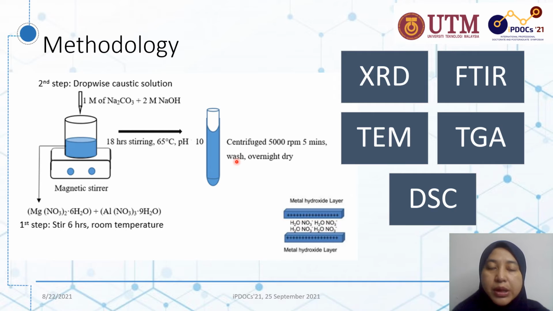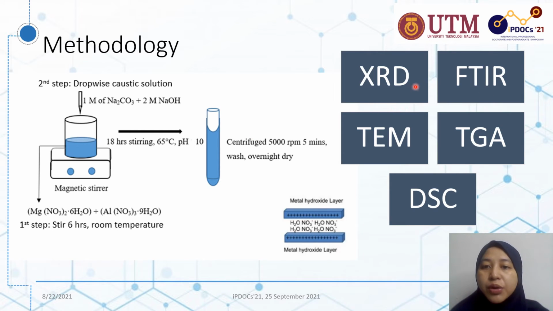So most probably the LDH formed will have a most similar shape and size. Then we wash and centrifuge until there is no nitrate left. Then we dry overnight at 100 degrees C.